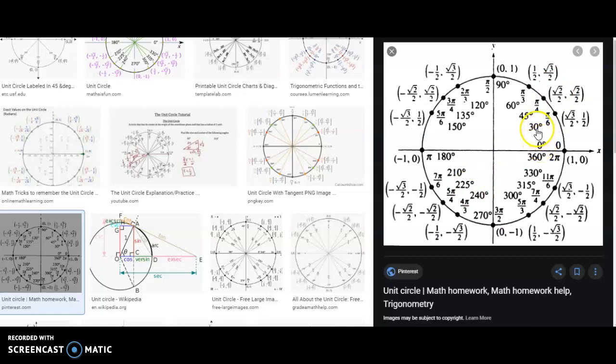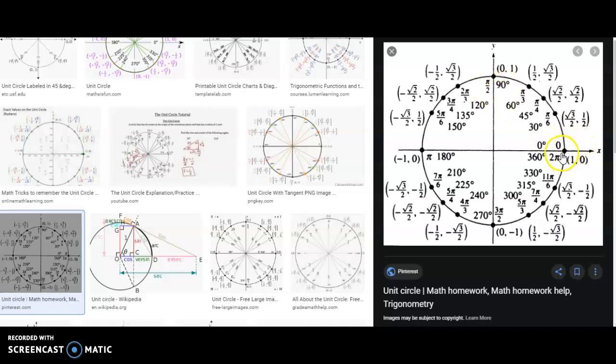You're just adding 30, 15, 15, 30, 30, 15, 15, 30, and so on. Your radians, remember, from the inside out, it goes 6, 4, and then 3. Those are my denominators. My numerators are all 1, 1 less, 1 more, and 5, 7, 11.